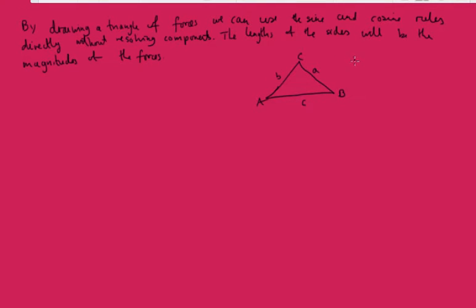So our sine rule is little a over sine A equals little b over sine B equals little c over sine C, and for the cosine rule it is a squared equals b squared plus c squared minus 2bc cosine A. So I'm just going to leave those here.